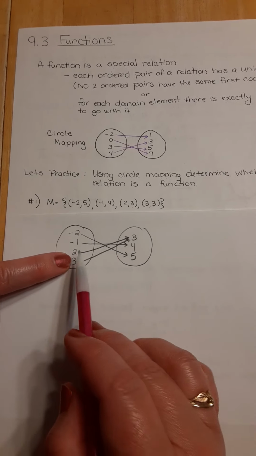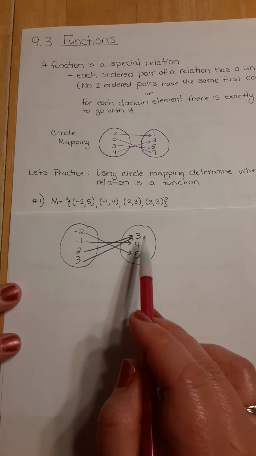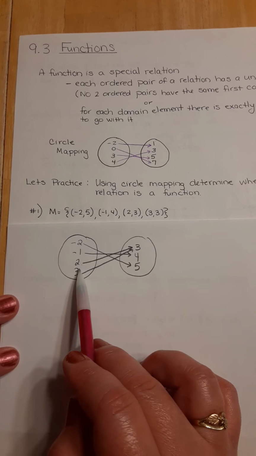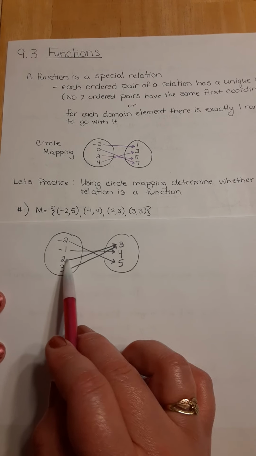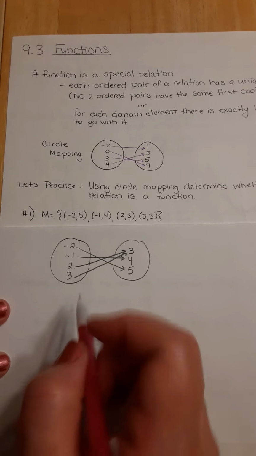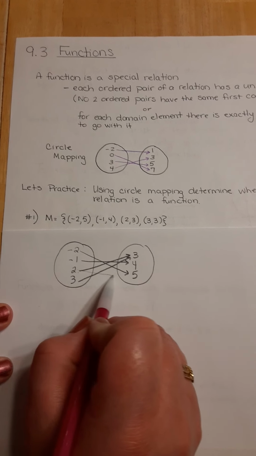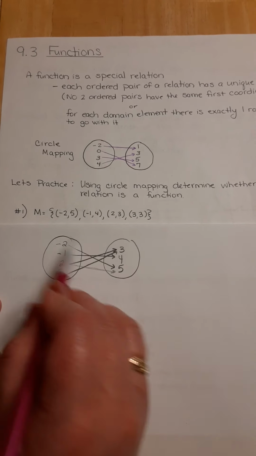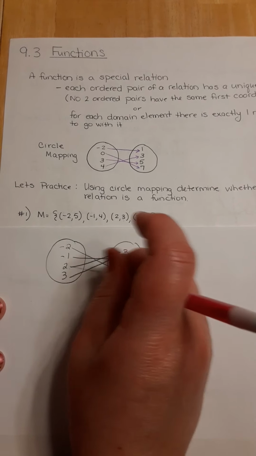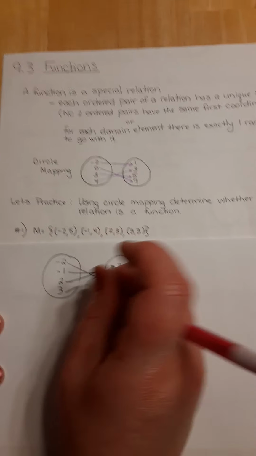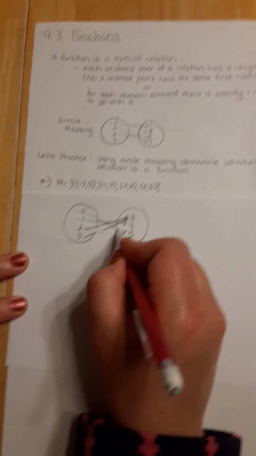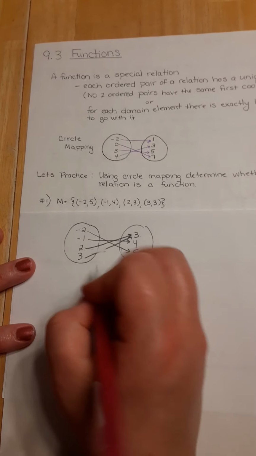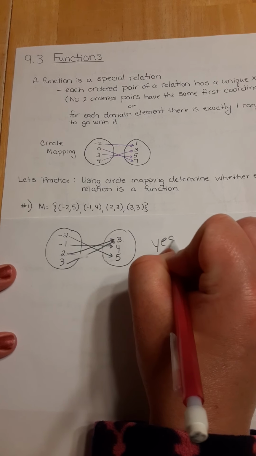We can share a y value, but our x doesn't go to two different numbers. If I had an arrow for 2 that went to two numbers, this would not be a function, but that's not the case here. Every x goes to one distinct y value, so yes, this is a function.